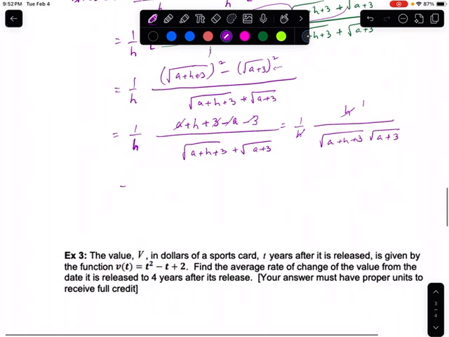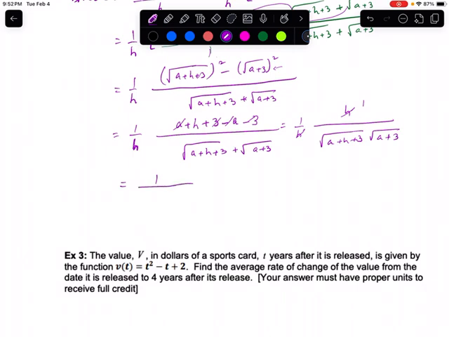So the answer will be 1 over square root of a plus h plus 3 plus square root of a plus 3. Okay, that will be your AROC.